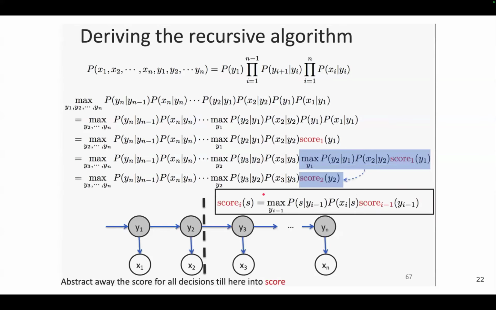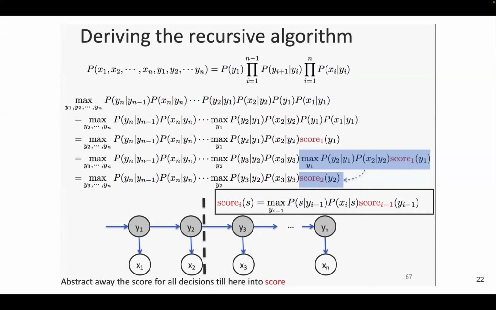So we can define our recurrence to be score i for any given possible part of speech tag to be the maximization over all possible previous tags of the probability of that tag given the previous tag, the probability of the current word given that tag, and then here we can reuse the score of the previous step, score of i minus 1. This is where the recurrence comes in.